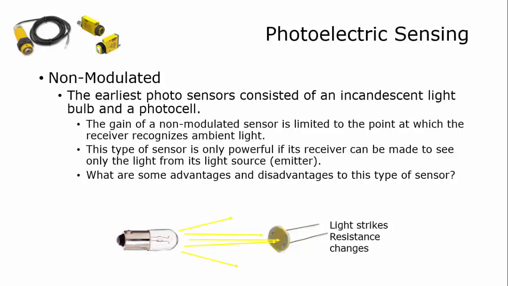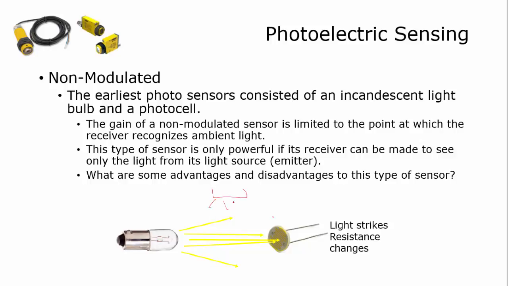These photocell light bulb combinations for photoelectric sensing were called non-modulated. The gain, and sensors have gain, we'll talk about that later. The gain of the non-modulated sensor is limited to the point at which the receiver can recognize ambient light. Because the problem with a photocell and a light bulb is that we have ambient light up here.